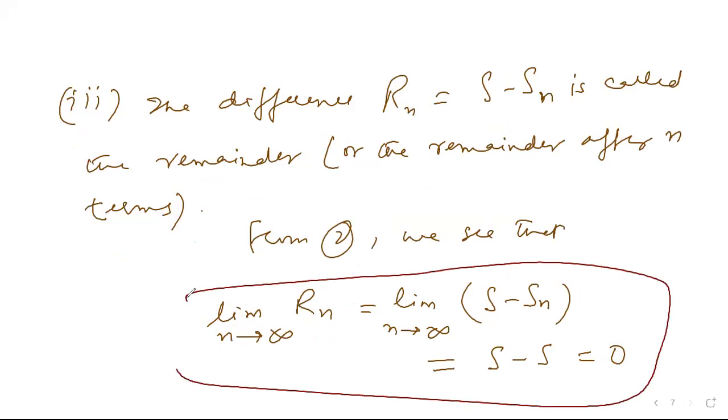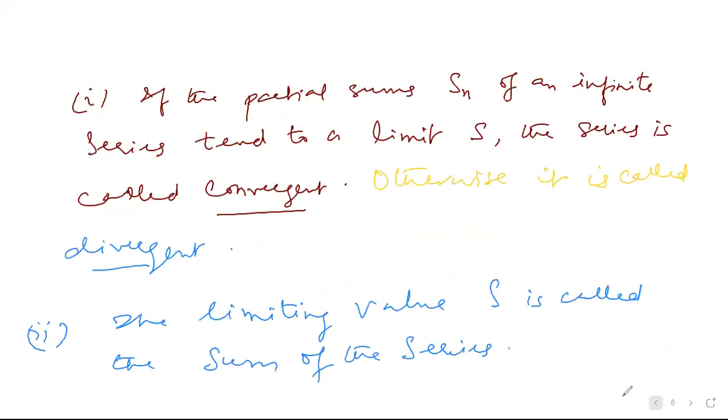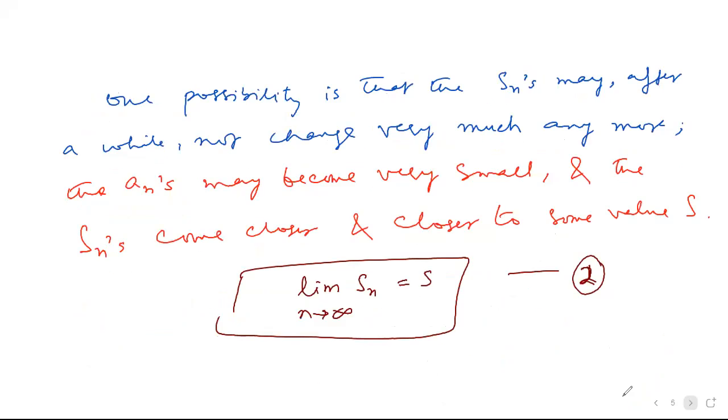Then circle it and name it as 3. So we define the remainder this way, and limit n tending to infinity Rn is 0 when we make use of equation 2.